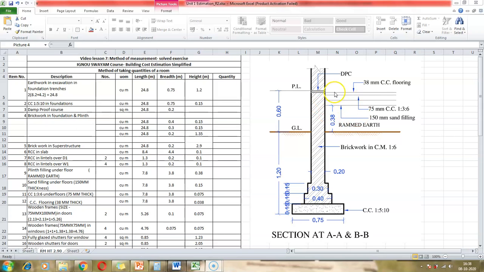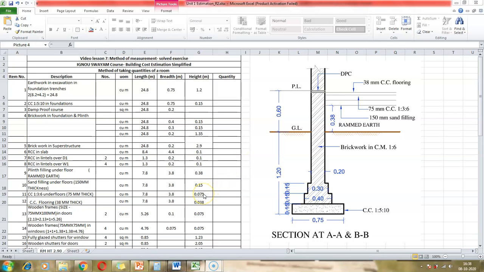What we are discussing now, the rammed earth, the sand filling and the cement concreting for the base of the flooring, is all only for the internal dimensions of the room. So 7.8 by 3.8, and then we have 75 mm, which is 0.075 meters, because we have been using the unit meters.